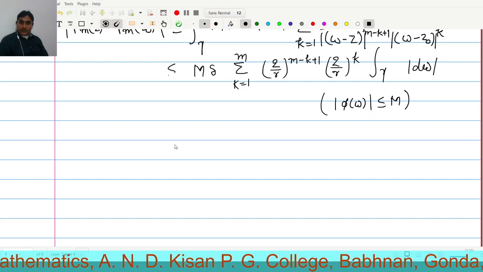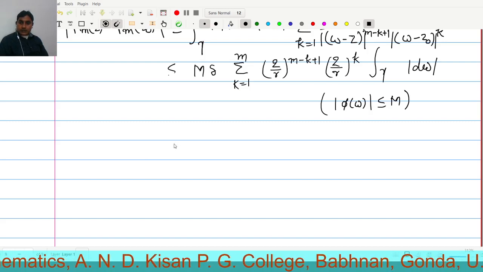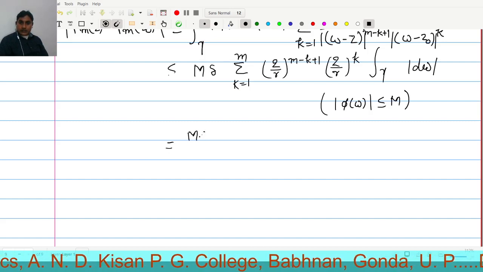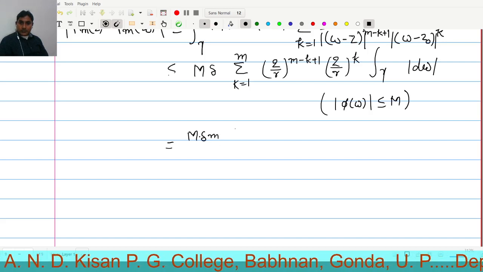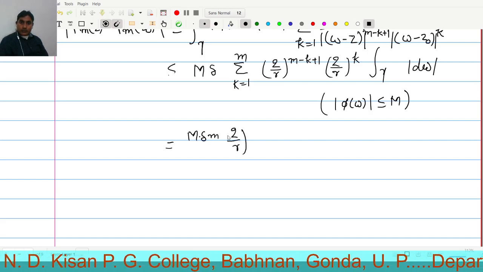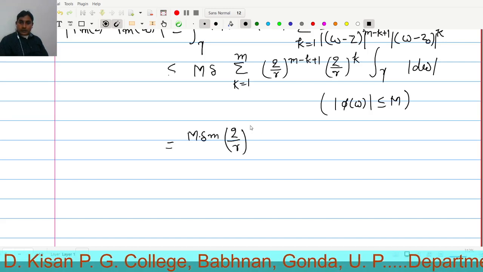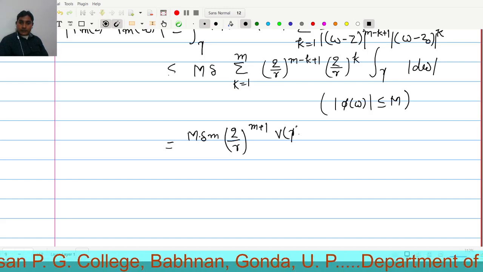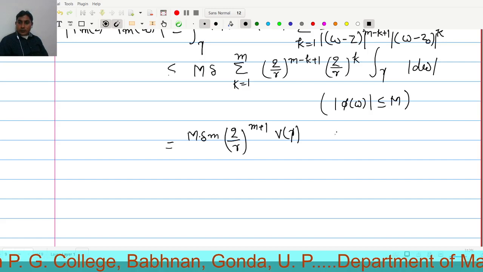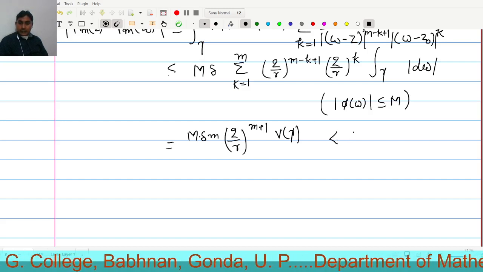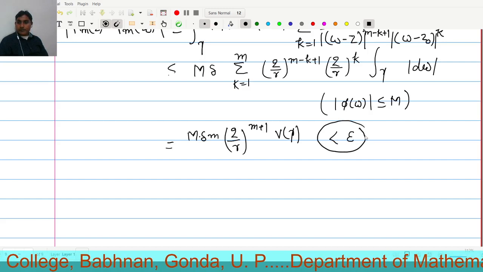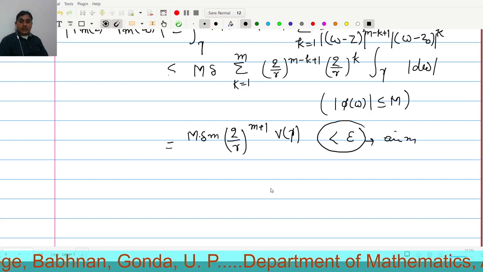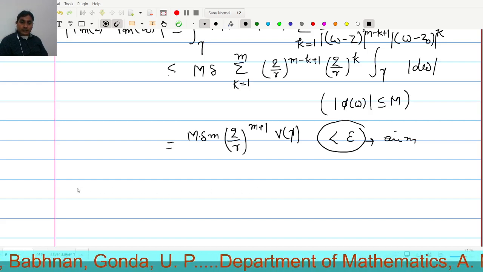So this particular thing becomes, okay, this is exactly equal to delta small m (2/r)^(m+1), the total variation of gamma, because we want to show, this is our aim, this is our aim to show that this is less than epsilon.